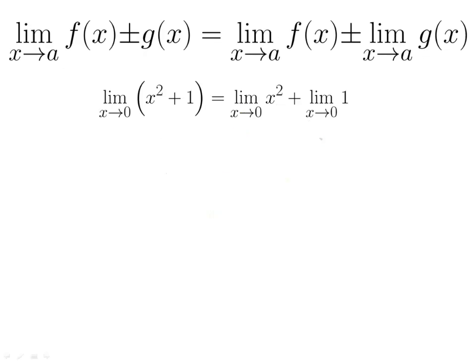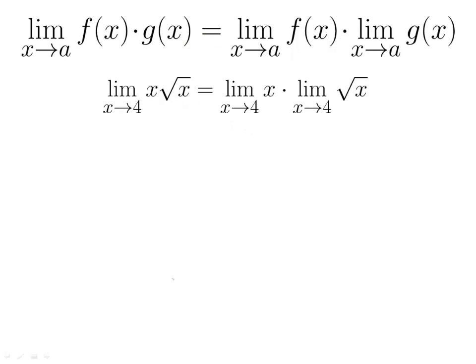Also, if you're adding two functions, in this case f of x and g of x, and taking the limit of these two functions, you can take the limit of both of them and add them separately.